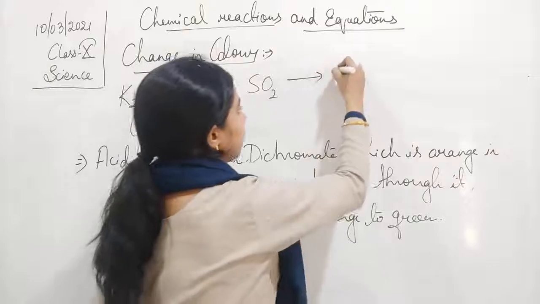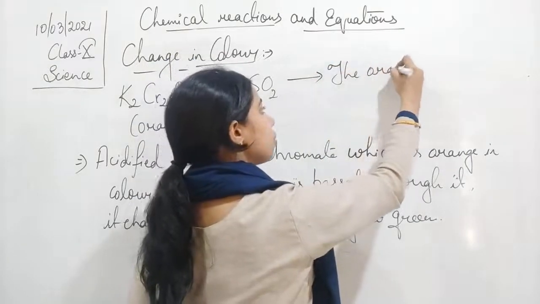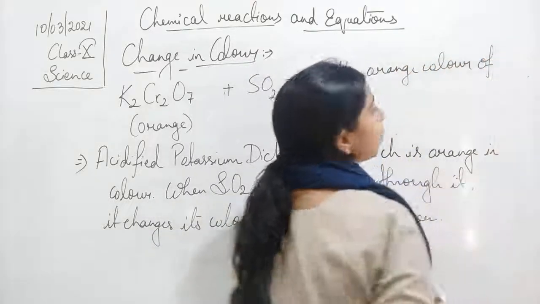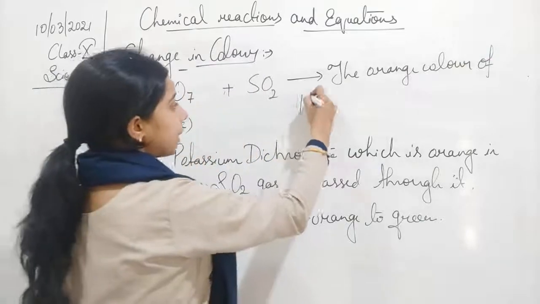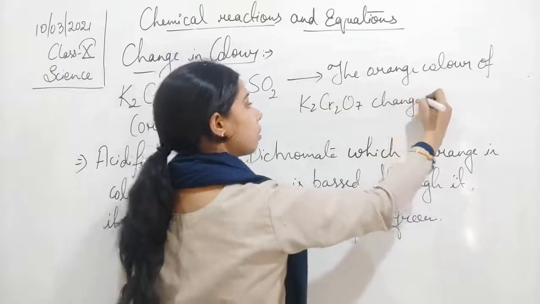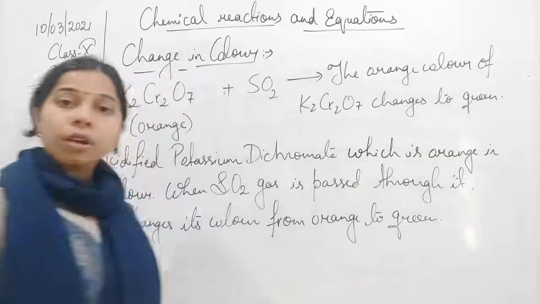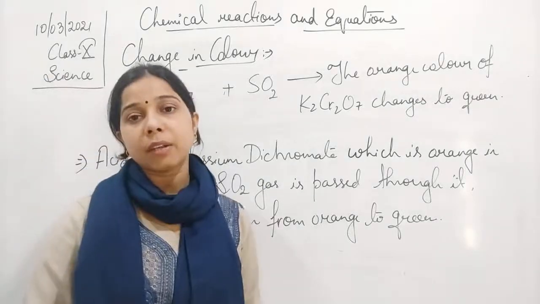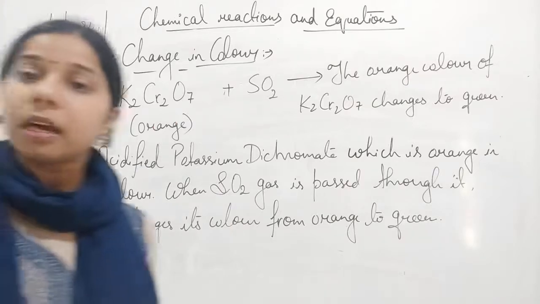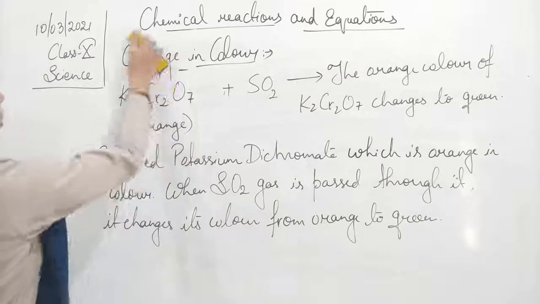Then the orange color of potassium dichromate, that is K2Cr2O7, changes to green. Okay, this was about the change in color, students.